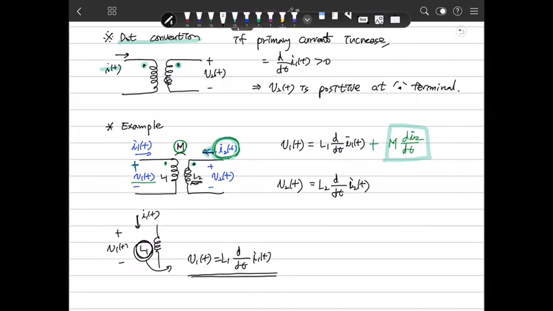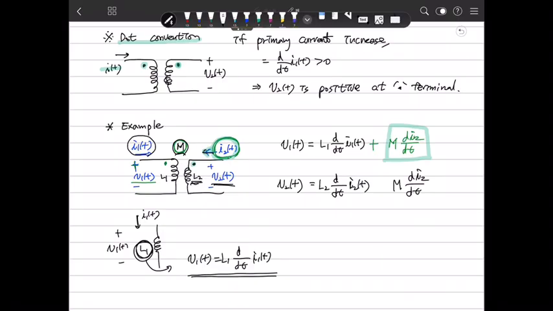Because this is a coupled inductance, v2 also has some effect from the primary current, i1(t). The voltage term caused by i1(t) through the mutual inductance M is M d/dt i1.